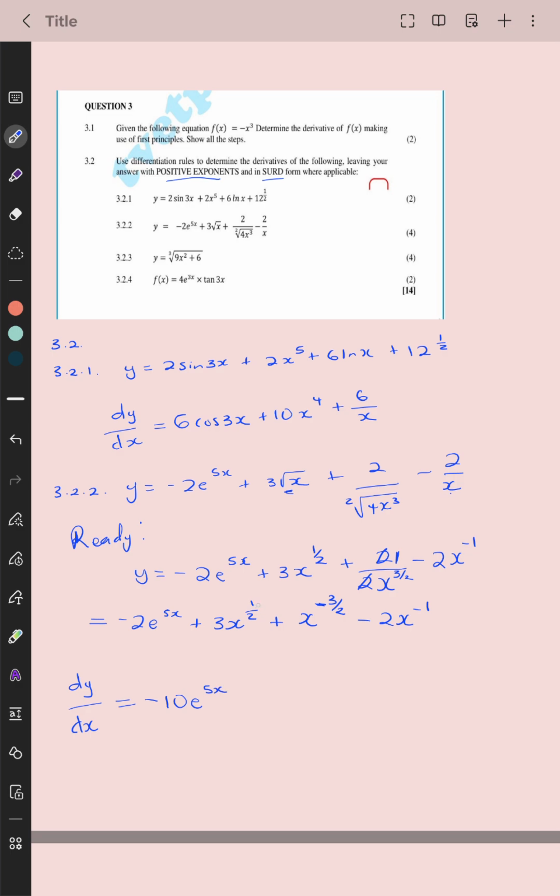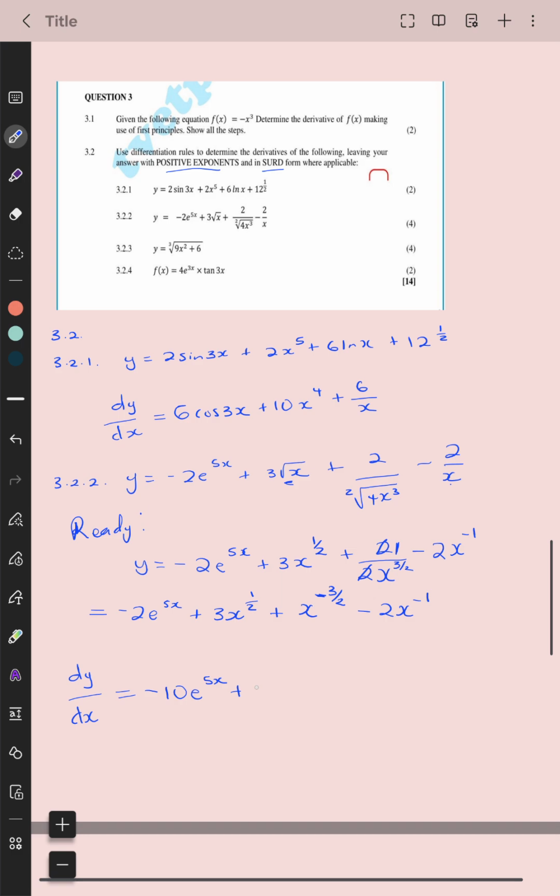Then here I will have half times 3 will be 3 over 2 x. Then half minus 1 is minus half.